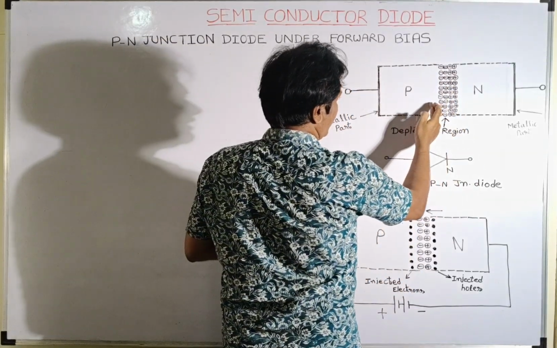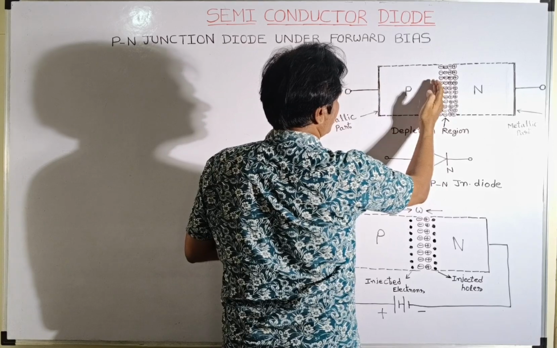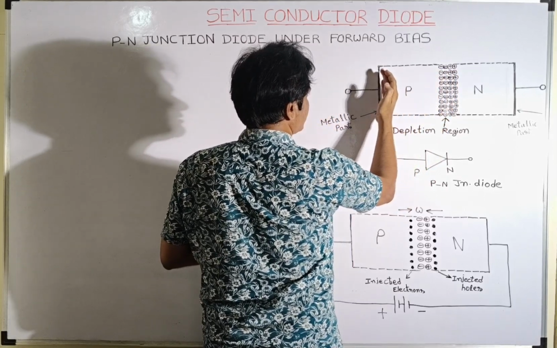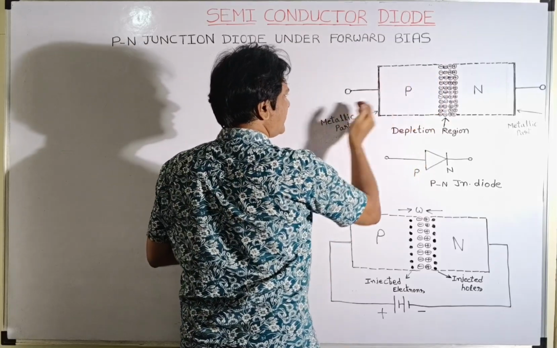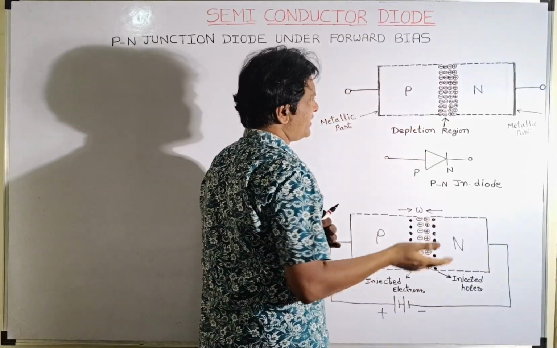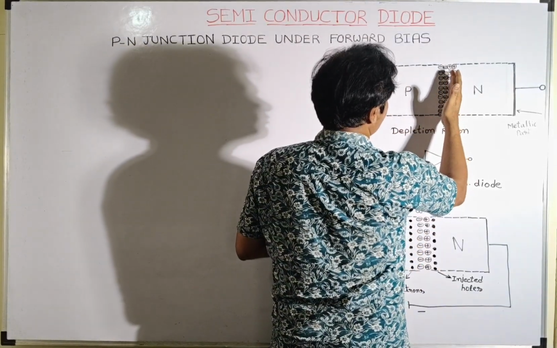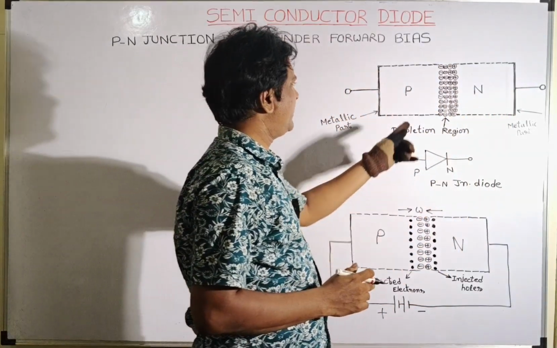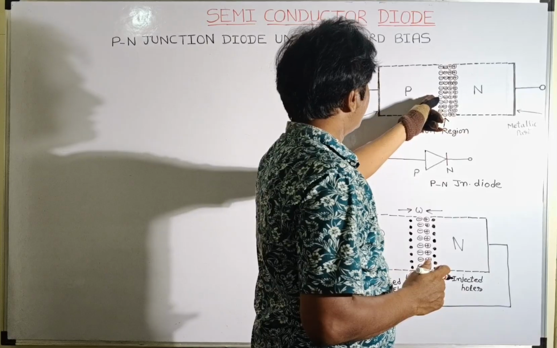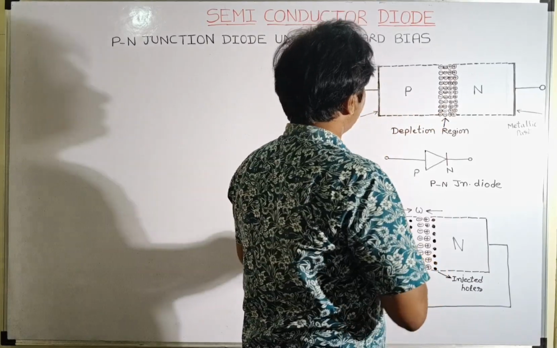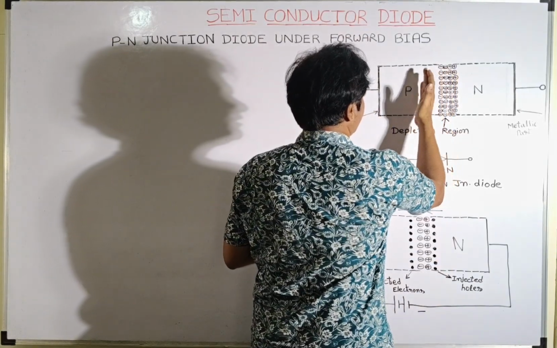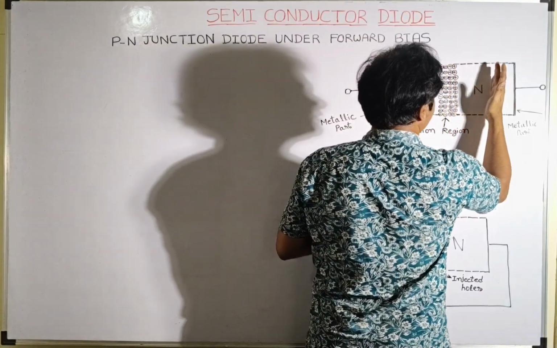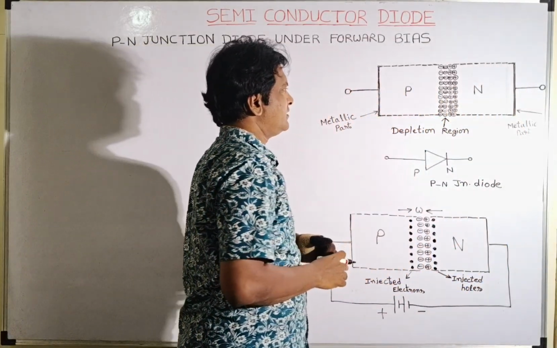So the concentration of the electrons moving away from the junction will decrease. Similarly, the hole concentration moving away from the junction will decrease. That is called the gradient. The concentration is more here and gradually decreases when going away from the junction.